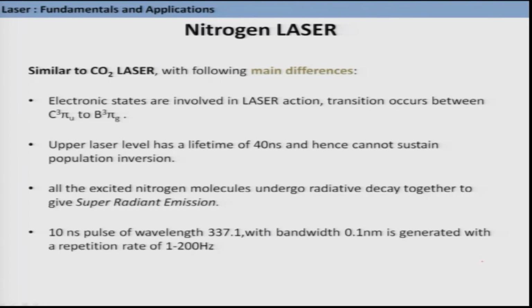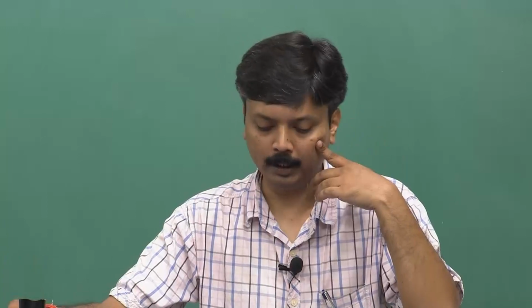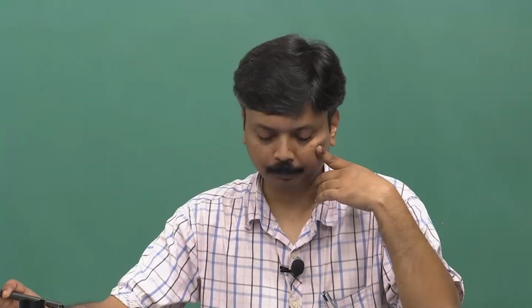and short pulses, around 10 nanosecond pulses of wavelength 337.1 nanometers with a bandwidth of 0.1 nanometer, are generated, and the repetition rate that is obtained from this nitrogen laser can be varied between 1 to 200 hertz.